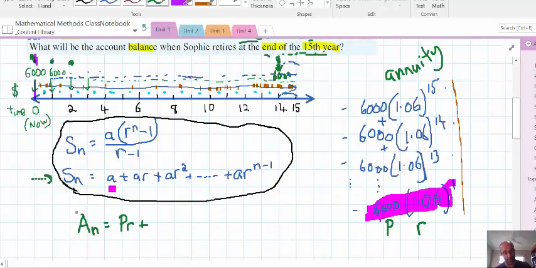So the second term, so what I'm doing is just finding equivalence with our general expression for a series. Next one would be 6,000 times 1.06 times 1.06, or 1.06 squared, as you might have deduced. So that's 1.06 squared, isn't it?